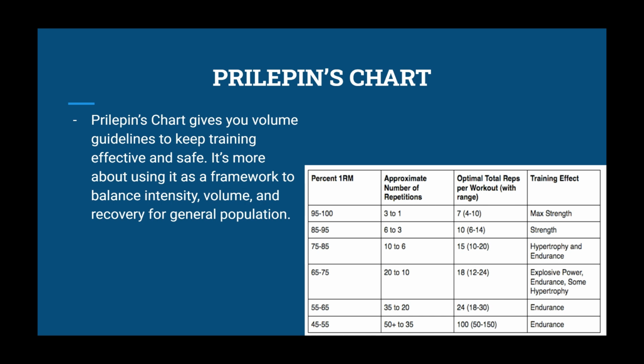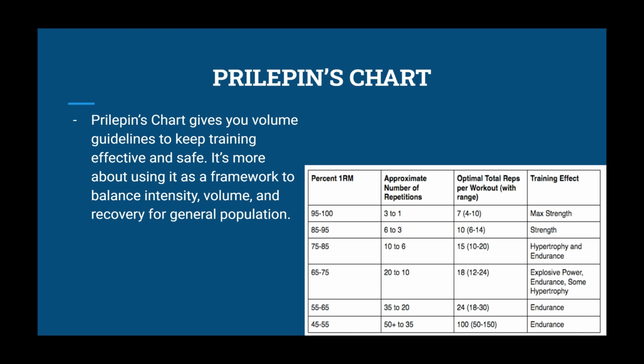So that is our tier 1. Then we start looking at 65 to 85% of 1 rep max for anywhere from 18 to 15 optimal reps per workout. That is where our tier 2 and some of our tier 3 can fall in. But most of our tier 3 is going to be more in that 65 to 75% range and below, so our endurance-based ranges there.